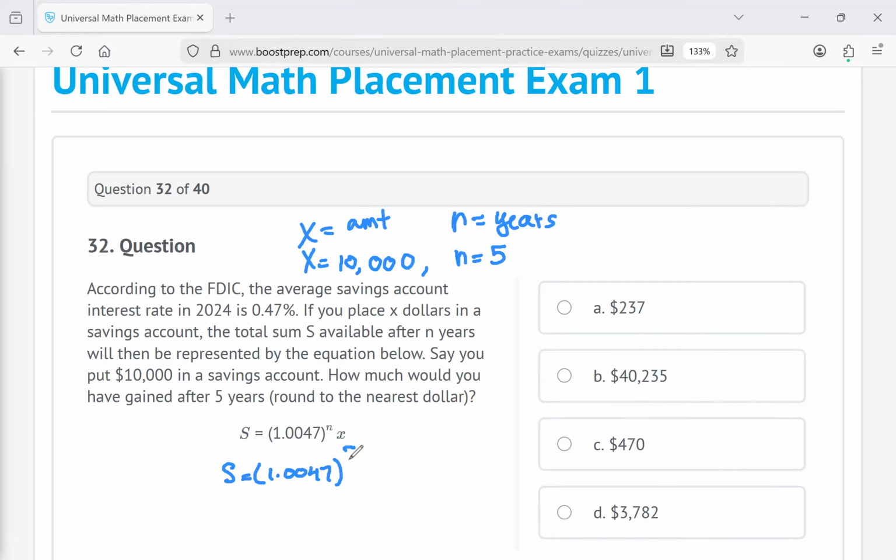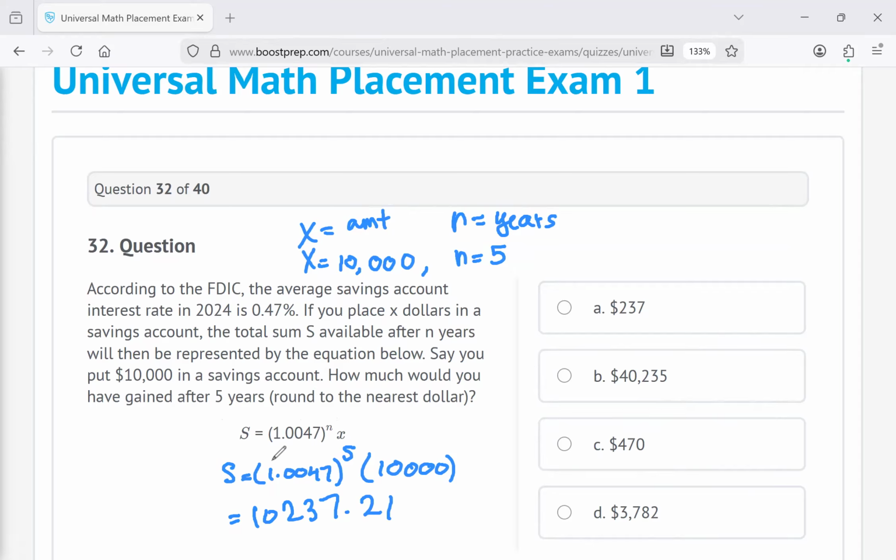N is 5, and X is 10,000. And you get a fairly large number. Not too large, it's like 10,237.21. So you don't see our answer, because they want to know how much you would have gained after 5 years. This is your final amount.